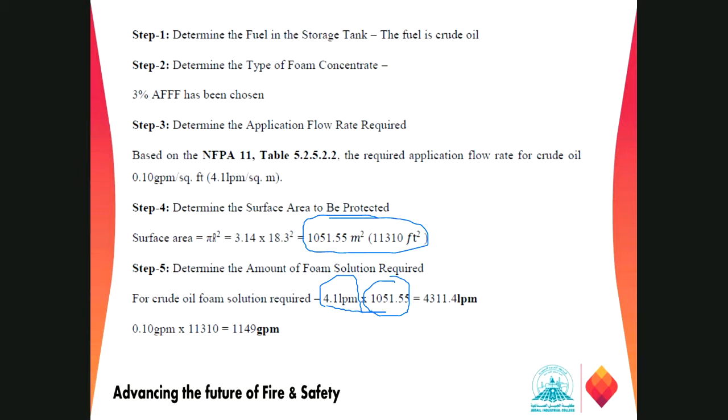So we need a foam water solution at a rate of around 1149 GPM, for the duration, which we'll discuss for this foam application.